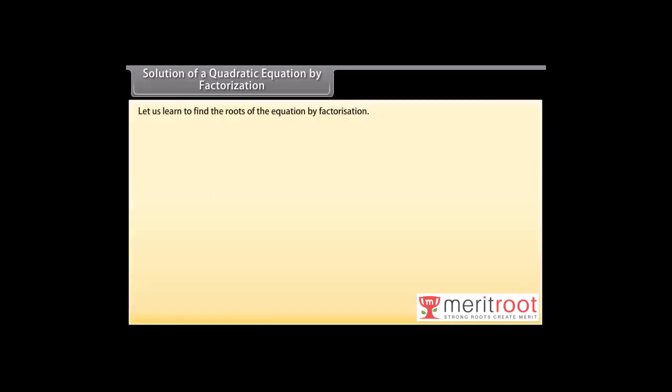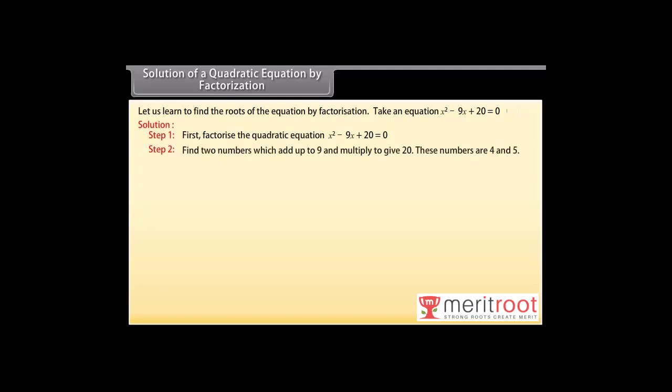Solution of a quadratic equation by factorization. Let us learn to find the roots of the equation by factorization. Take the equation x square minus 9x plus 20 is equal to 0. Solution. First, factorize the quadratic equation. Find two numbers which add up to 9 and multiply to give 20.